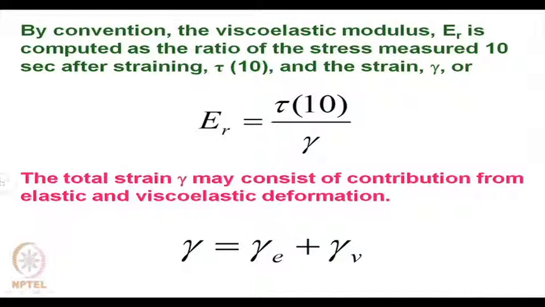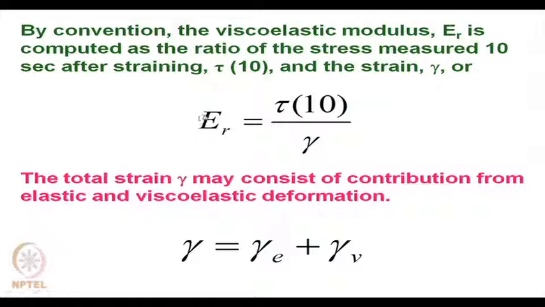By convention, the viscoelastic modulus ER can be computed as the ratio of the stress measured at 10 seconds after straining, designated as tau 10, and the strain gamma.